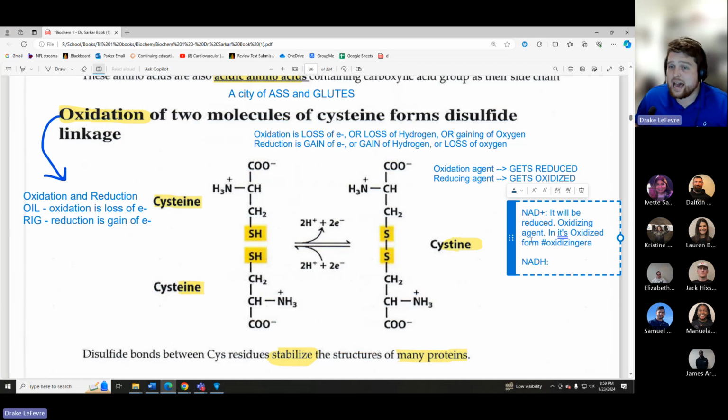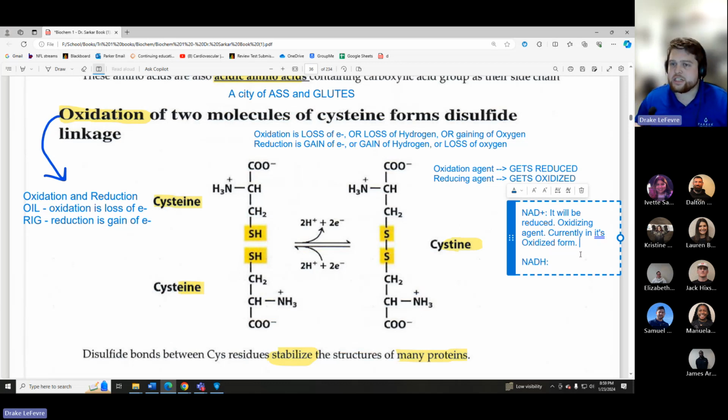Okay. Does that all make sense? Each of these written out: NAD plus will be reduced, which makes it the oxidizing agent, and it is currently in its oxidized form.